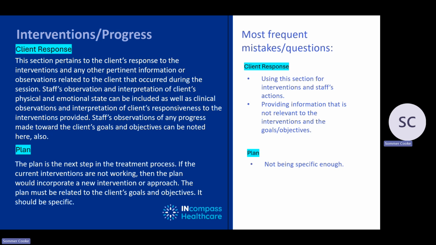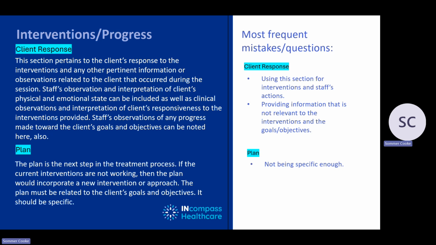Staff's observation of any progress made towards the client's goal and objectives should also be noted in this section. Some common mistakes made in the client response section are using this section for interventions that are done by the staff or also providing information that is not relevant to the goals or objectives.